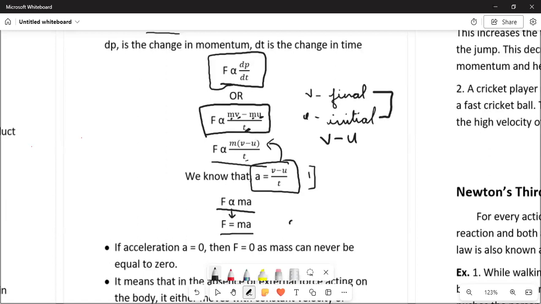Here the constant is taken as 1. Now why only 1 and why not some other value? It is because it is not dependent on any other value. Means if there is no other factor on which our force depends, it is only dependent on mass and acceleration, because of which we take the constant as 1.